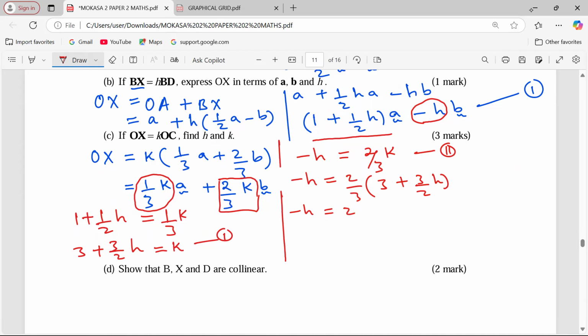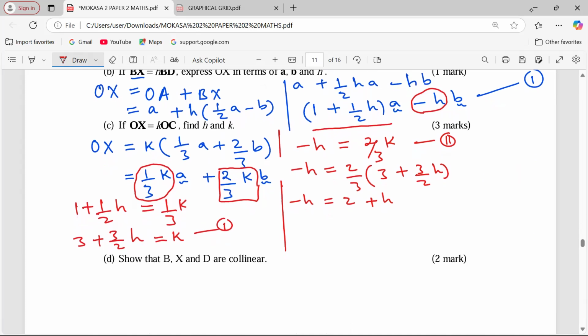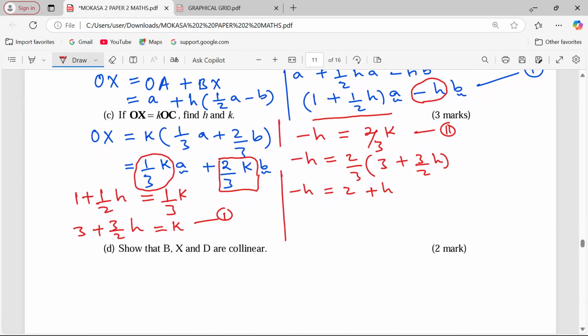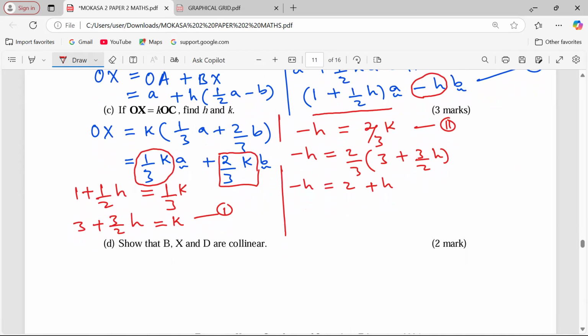Then 2/3 multiplied by 3/2 gives us 1, which is H. So this one is being solved as 2H, 2H becoming 2. 2H equals 2.